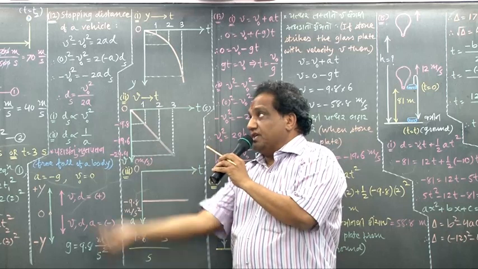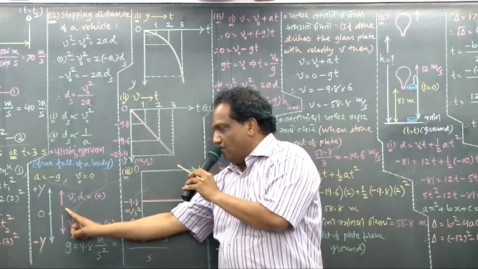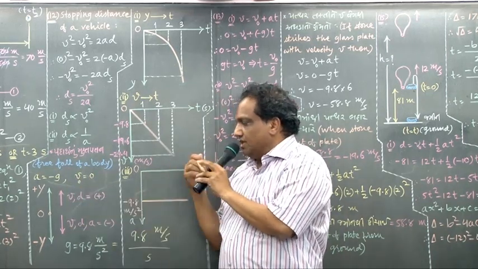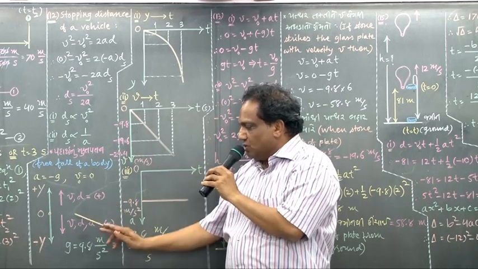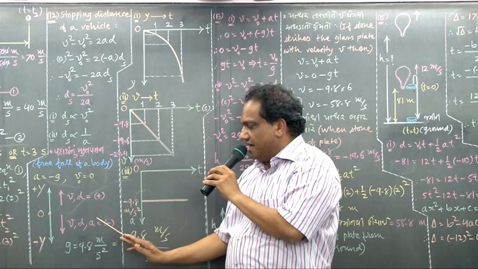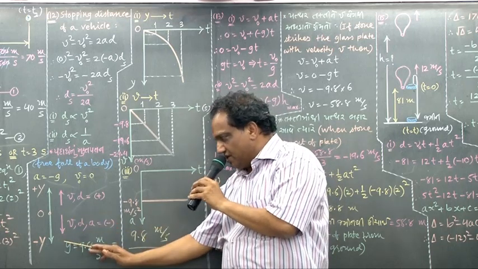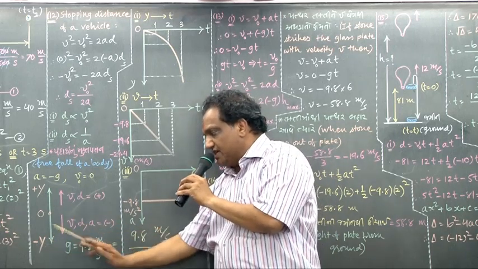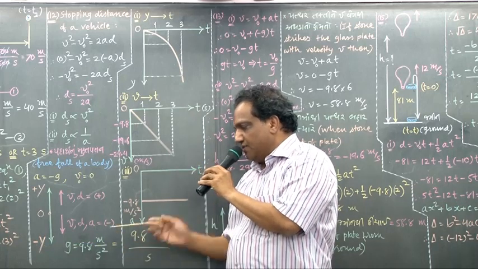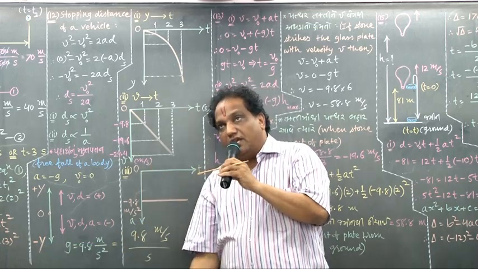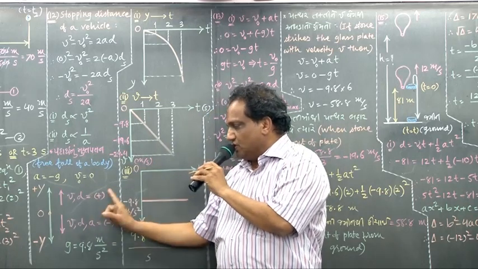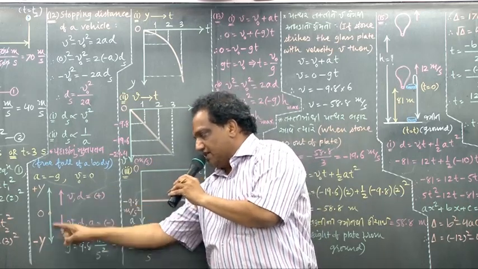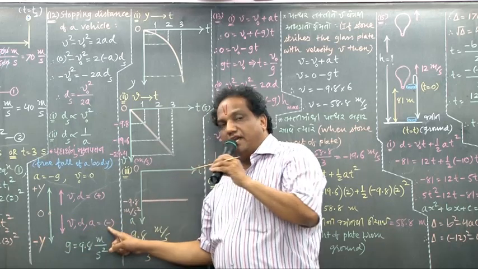Suppose you have velocity and displacement along the vertically upward direction, then they are along the positive axis, so you should take them positive. Suppose you have velocity, displacement and acceleration along the vertically downward direction, that is along the negative axis, then you must take them negative. Any quantity vertically upwards, that is along the positive axis, you must take positive. Along vertically downward, that is the negative axis, you must take it negative.